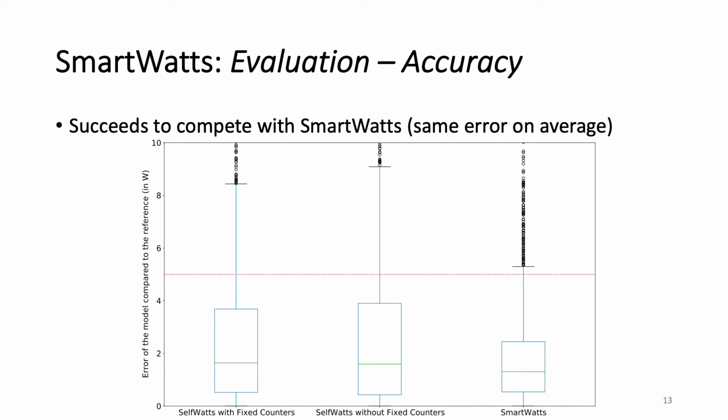We can see that SelfWatts has a lot more outliers, which is normal because during the exploration you have a lot of bad models, so it increases the outliers due to the error in the estimation, compared to SmartWatts, which won't change its events at all over the experiment.